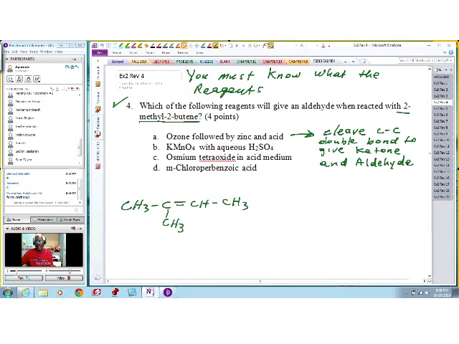Okay, we need to be very clear as to what each one of these reagents will do.